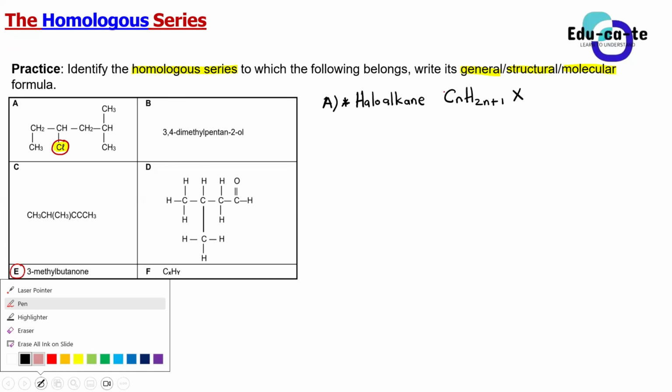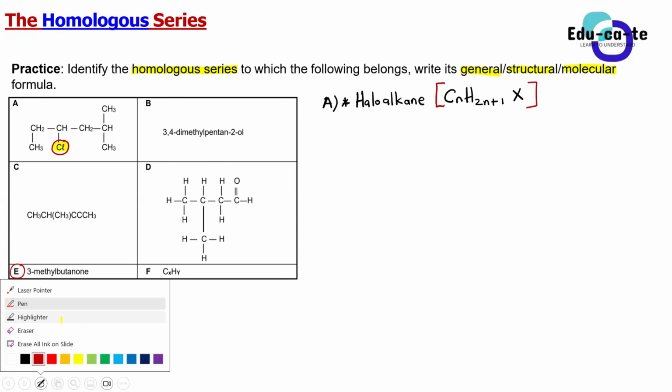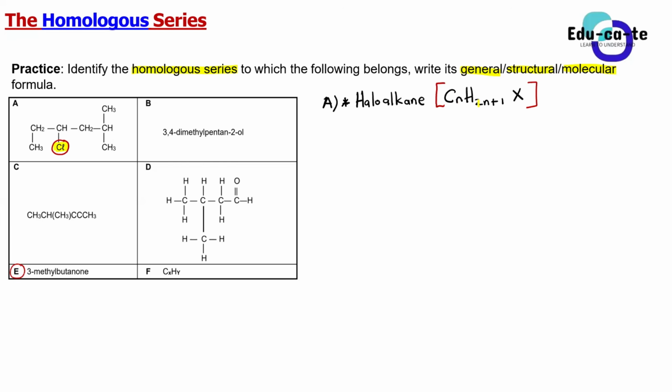Although it is not examinable, and most of the time they will never ask you in an exam question, a haloalkane follows this general formula that says the number of hydrogen atoms is 2 times the number of carbon atoms plus 1, and then there's also an X, whereby the X represents the halogen atom. But this is not for examination purposes. They will never ask you the general formula for this haloalkane.